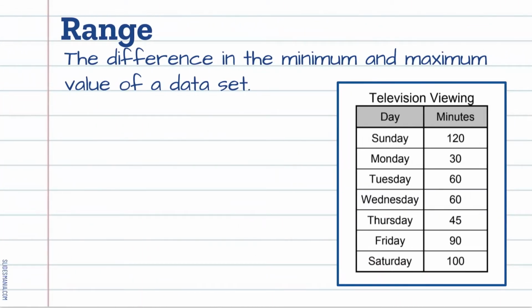Our next measure of central tendency is called range. Our range is the difference between the minimum and the maximum value of a data set. So again, a really good strategy to help us is to order these numbers from least to greatest.